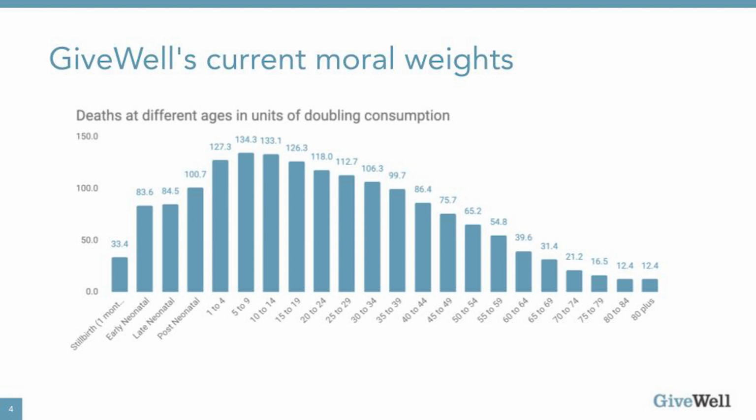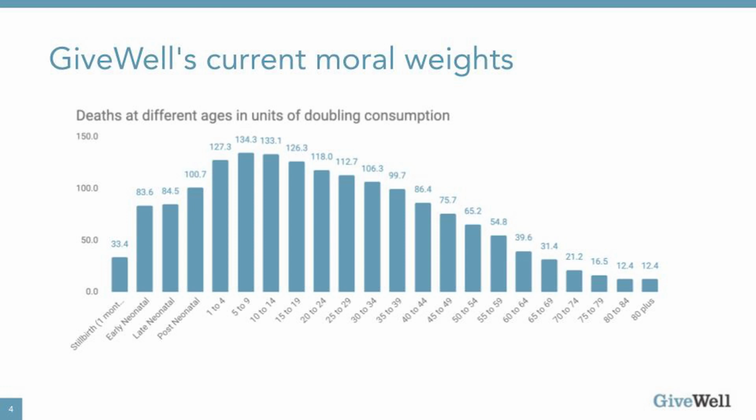This font might be a little bit small, but you can see that it starts with before you're born and ends at about 80 years old, and the curve is shaped like that. I'm in the 25 to 29 bucket, so I'm coming to terms with the fact that I'm past my moral weightiest, according to GiveWell.